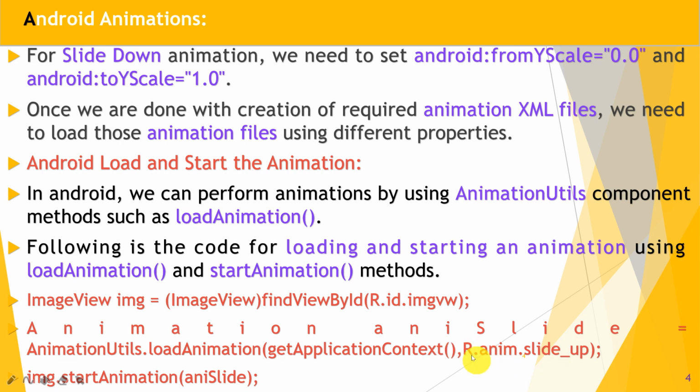Under the resource folder we have to create the anim folder, and inside that we store the slide_up.xml file. So the second argument is the animation which we want to apply on that image view. Then the image.startAnimation method, and pass animSlide, that is the object of Animation.